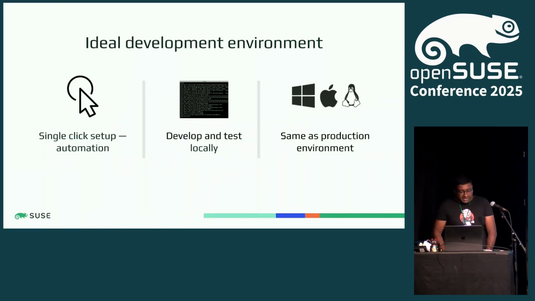An ideal development environment: I've used Windows, I've used Mac, I've used Linux as my desktop system for developing. Most of the time, what a dev would say is, hey, it works on my system, okay?